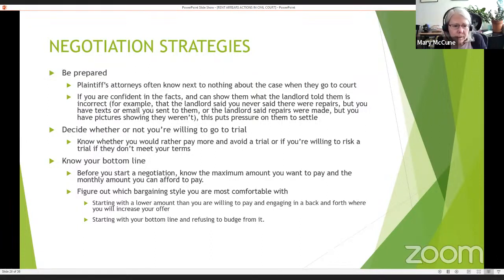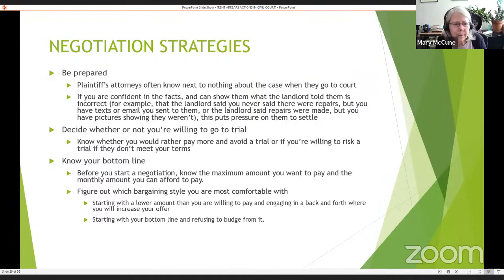And if you don't think about it ahead of time, you might take an offer that sounds good to you in the moment, but then when you go back home after you sign the agreement and you look through all of your pay stubs, like how much am I getting paid? How much am I going to get back? Is it a tax refund or what have you? You go, oh, I can't do this.